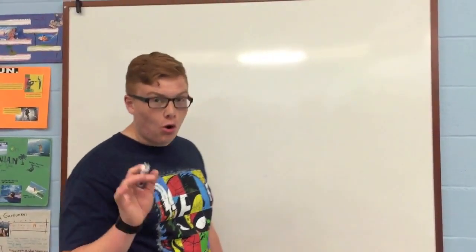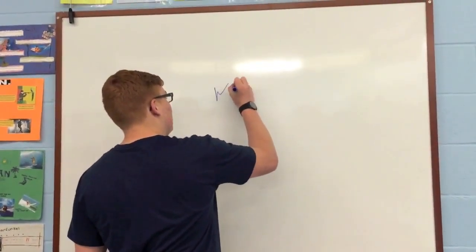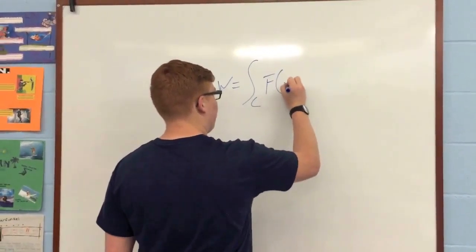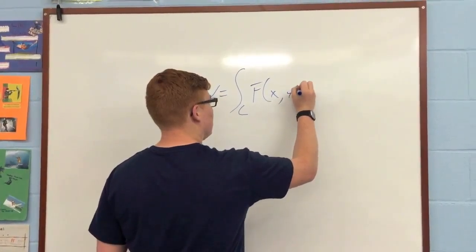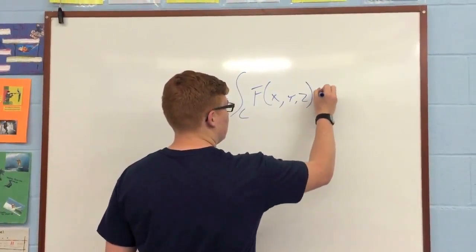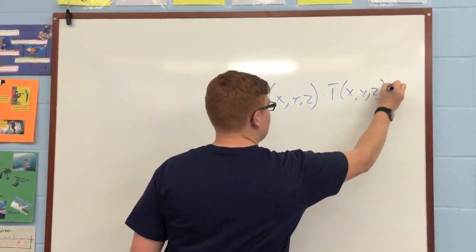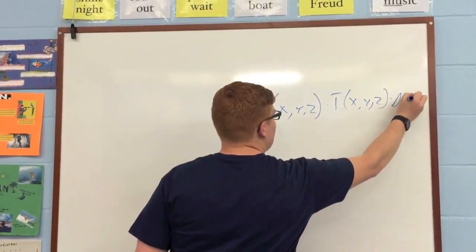Now this makes the total work done equal to the integral along C of F(x, y, z) dot T(x, y, z) times delta S.